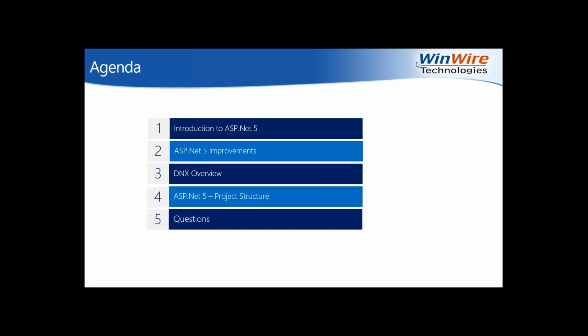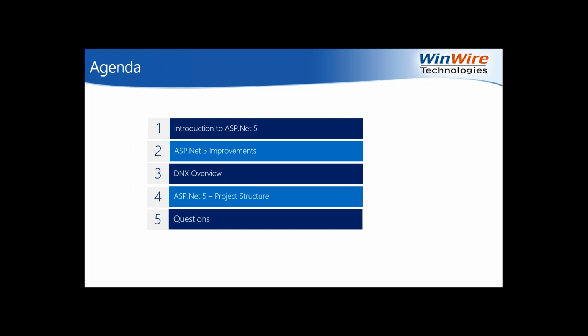So the agenda for today's session is, I'll be giving an introduction to ASP.NET 5, what it is all about and how it works. Then we're going to talk about the improvements that we get by using ASP.NET 5. And then I'll talk on a very high level about what DNX is and how it works with ASP.NET 5.